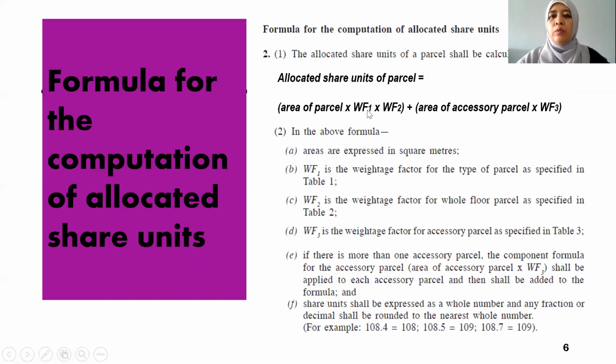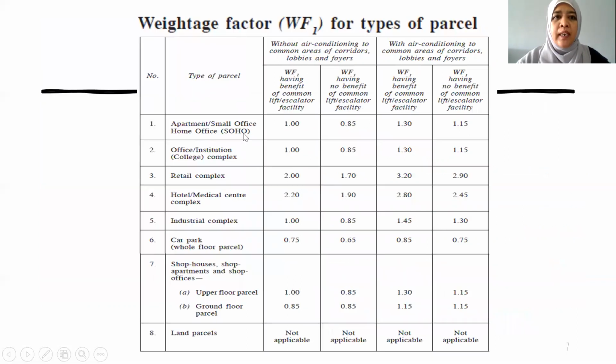So now we are going to see what is WF1, WF2, and WF3. WF1 is for types of parcels. So you have here 8 types of parcels: apartments, office, retail, hotel, industrial complex, car park, shop house, and land parcels. You can see here without air conditioning and with air conditioning.